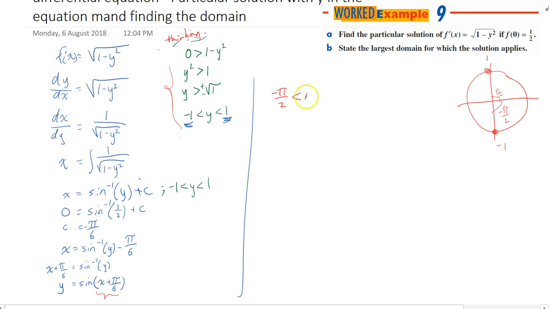It needs to be: negative pi on 2 is less than x plus pi on 6, which is less than pi on 2. And I can just solve this by subtracting pi on 6 from all three parts of the inequality.